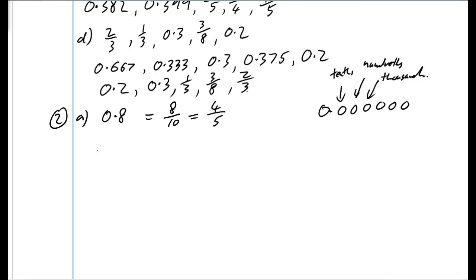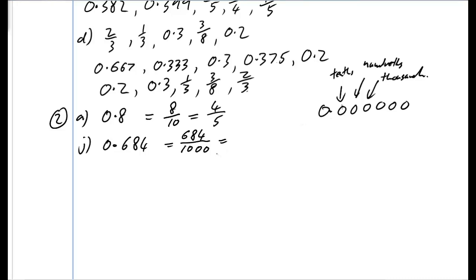If we have a look, let's do J. 0.684. So 684 behind the decimal point is 684 thousandths. Okay, so these are the tens, these are the hundreds, these are the thousands. So that would be 684 over 1,000.